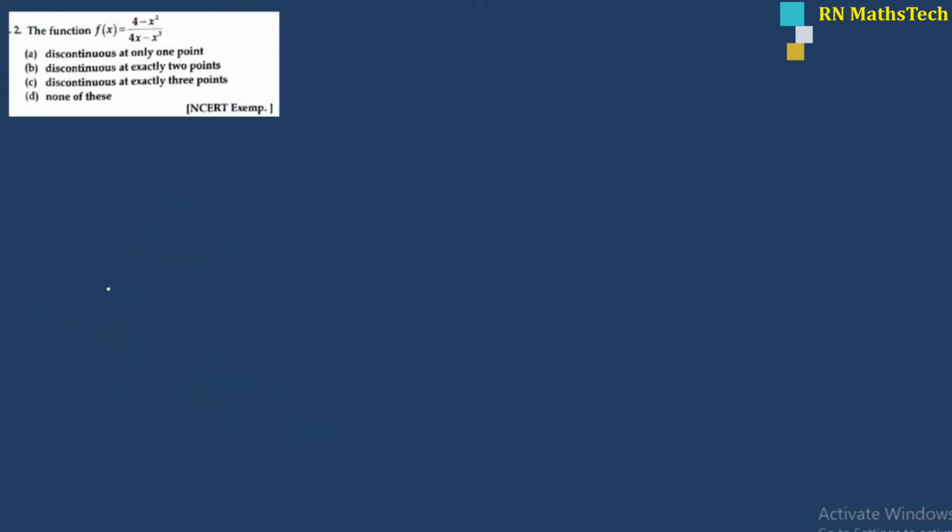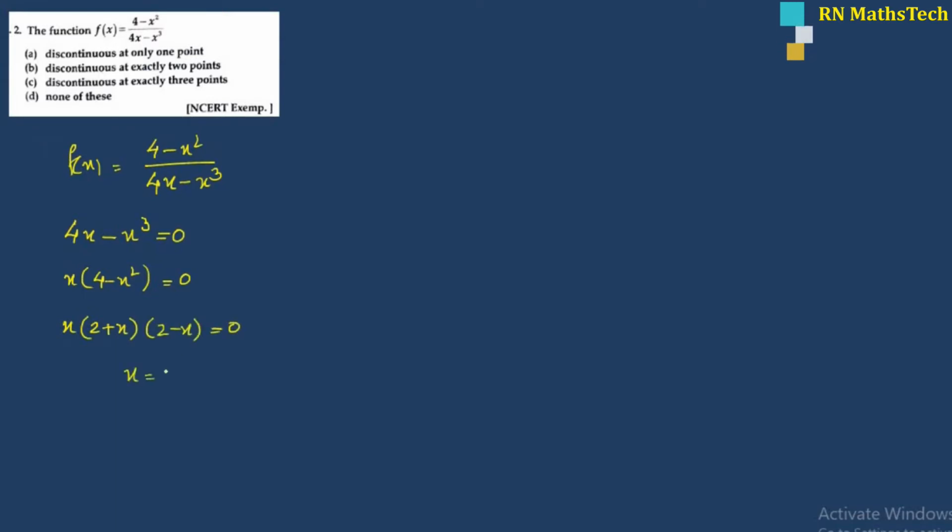The function f of x is equal to 4 minus x square divided by 4x minus x cube. Now the denominator 4x minus x cube equal to 0 means x into 4 minus x square equal to 0, that is x into 2 plus x into 2 minus x is equal to 0, that is x is equal to 0, 2 and minus 2.